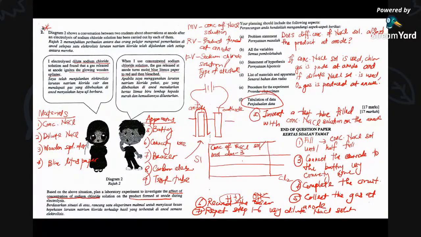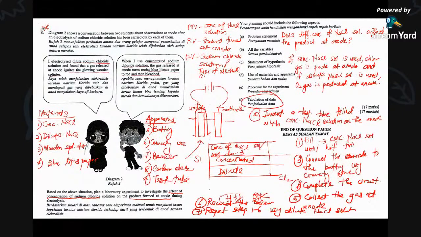Then you can give 1.0, or if you have mentioned concentrated just now, you write down over here concentrated, and over here dilute.